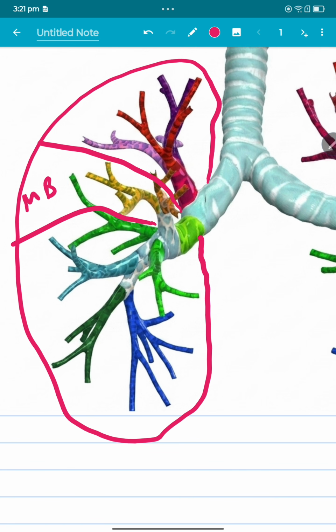In the upper lobe we have three segments: apical, anterior, and posterior.